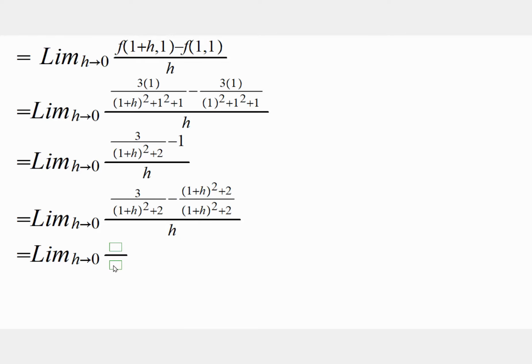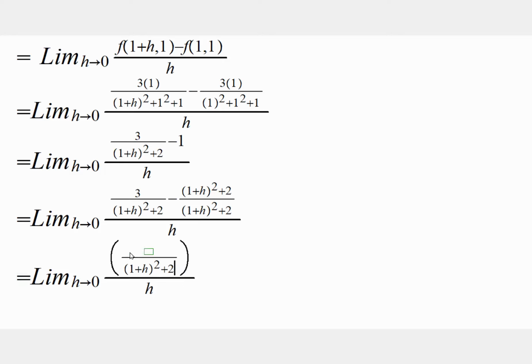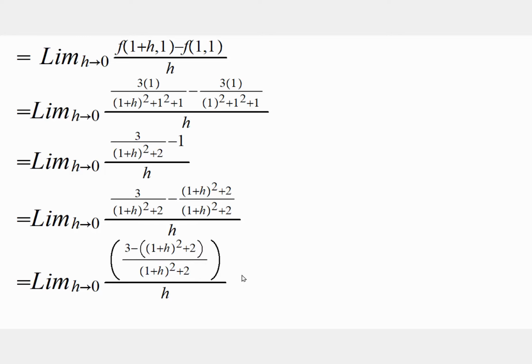In the denominator we have h, and in the numerator we have a fraction with this in the denominator, and we got 3 minus this quantity, 1 plus h squared plus 2.